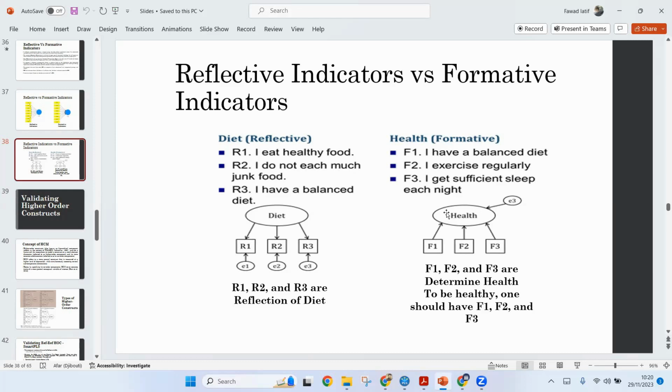You are healthy if you exercise regularly. If you do not exercise, then you are not counted as a healthy person. And if you do not get sufficient sleep, then obviously the other two cannot cover for it as well. So in this case, health is formative and diet is reflective.